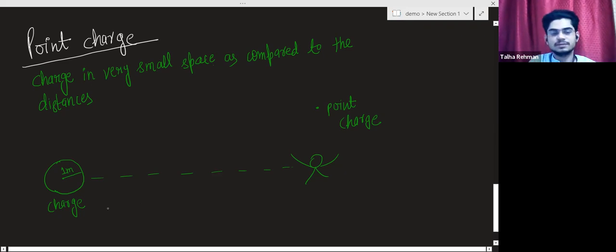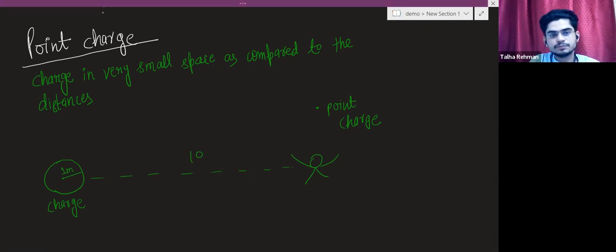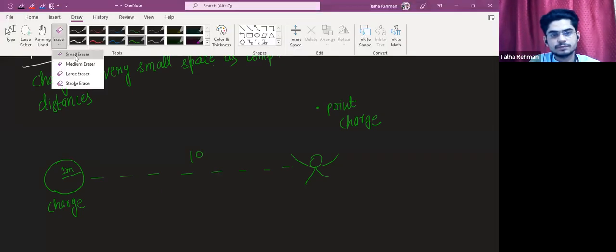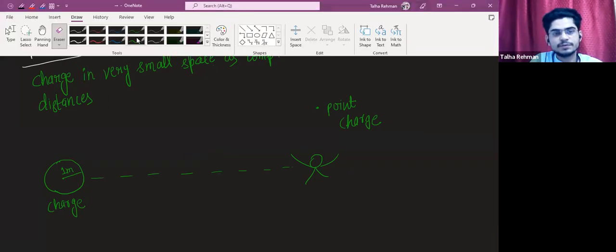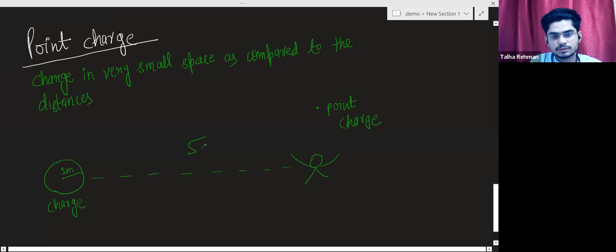We can say it is at 1,000 kilometers. Not thousand, you can say 500 kilometers is enough. This is just an idea that I am giving. If you are looking at this charge from this distance, then it will be a point charge.